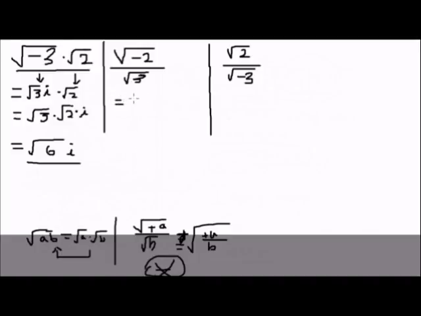Okay, square root 2 times i. We already know that. You should know it too. Square root 3, and then we separate the i. It's on the denominator, so you can take it out. So that it becomes square root 2 over square root 3, because it's separated, and then i. Simple. And this one we will skip.